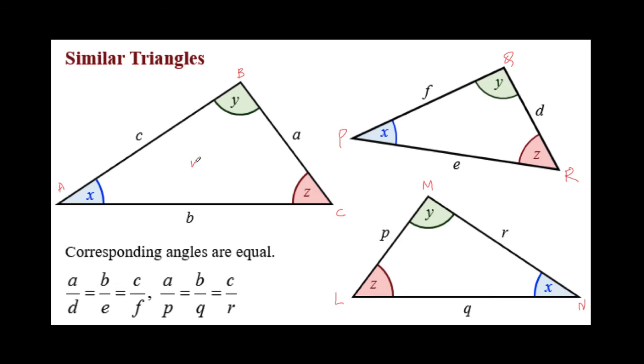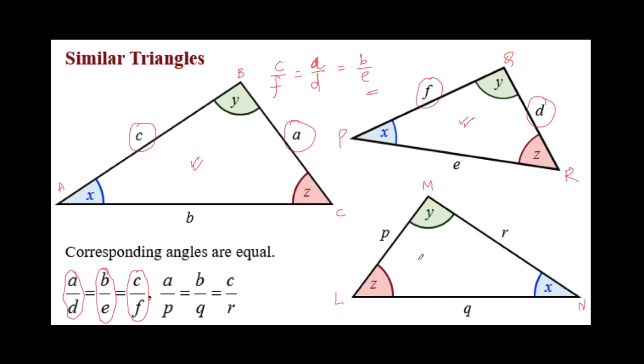Considering triangle ABC and the other triangle, the side with angles X and Y is C, and the side with angles X and Y is F, so C over F. The side with angles Y and Z is A, and the side with angles Y and Z is D, so A over D. The side with angles X and Z is B, and the corresponding side is E, so B over E. So A by D equals B by E equals C by F. This is one relation when these two triangles are similar.